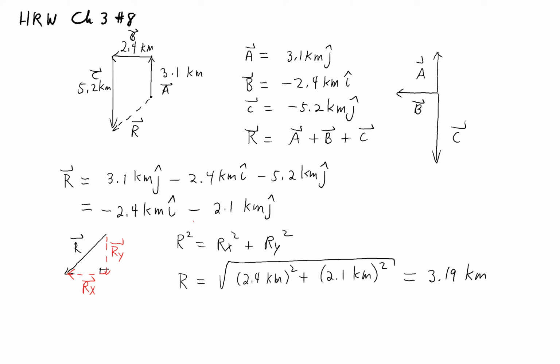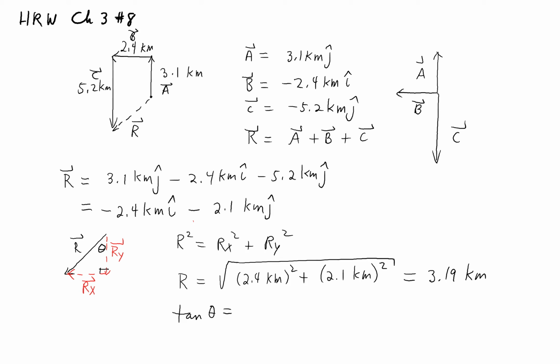Now the next part is to figure out your angle. And what you have to do is draw a sensible angle in your picture. And I happen to choose this one, theta being that angle in the upper corner. And then you want to look at your triangle, and then you're going to say tan theta equals. Now it's always helpful to deal with nice right triangles.